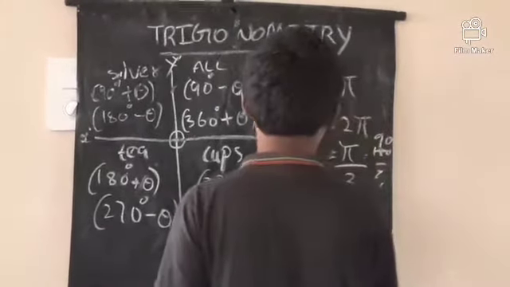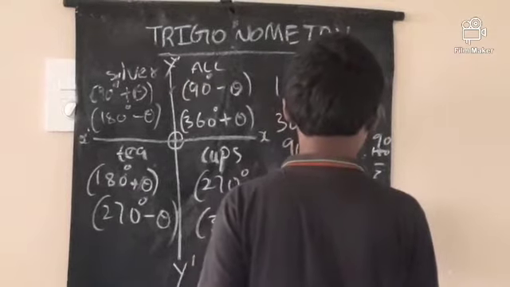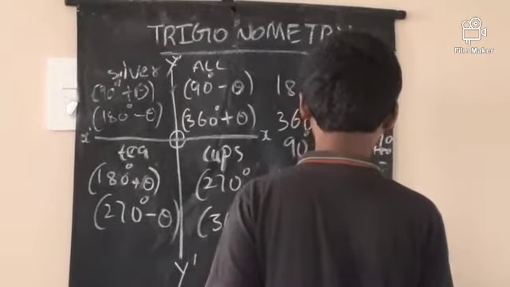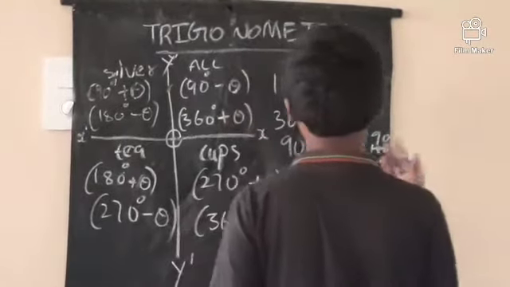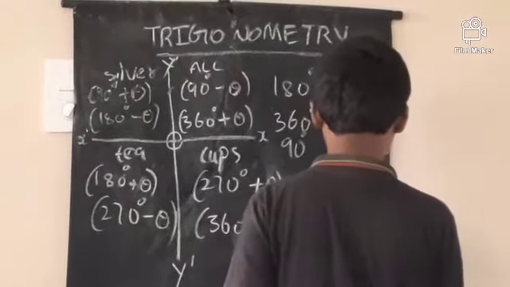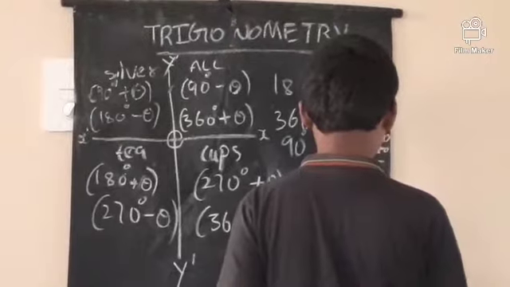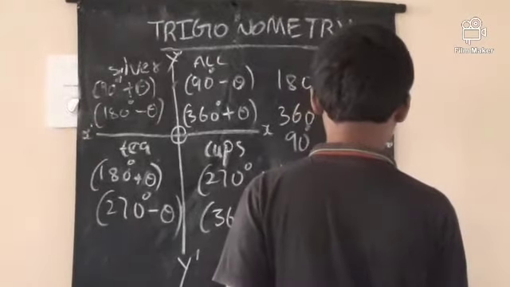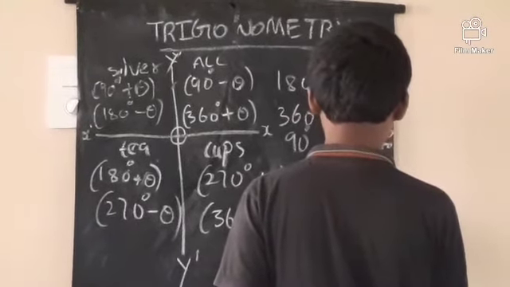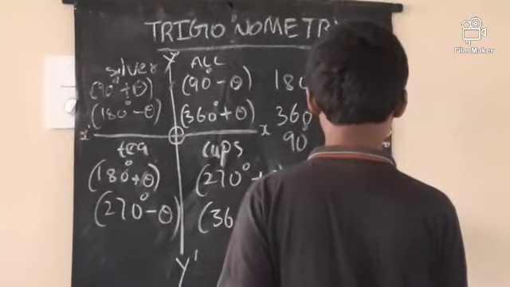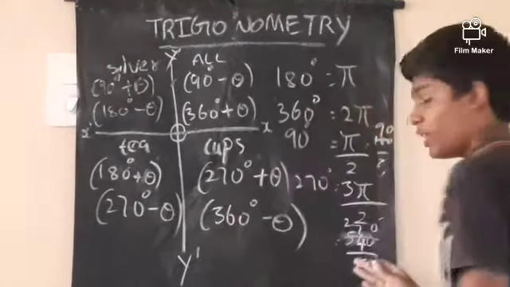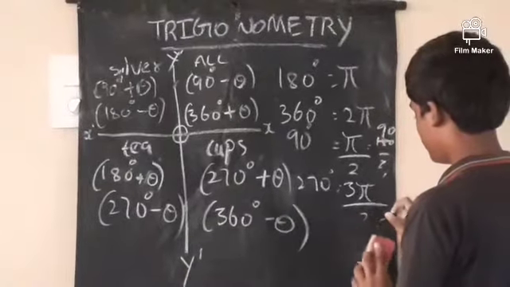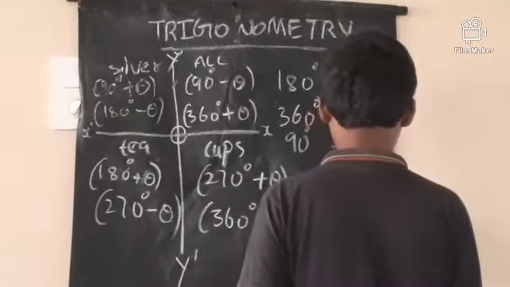And lastly 270 degrees. So 270 degrees equals 3 pi by 2. 3 pi by 2 means 2 pi is 360, so 3 pi is 540, and 540 by 2 is 270.